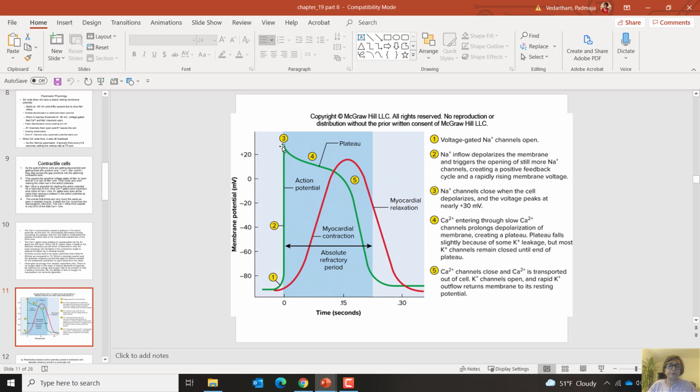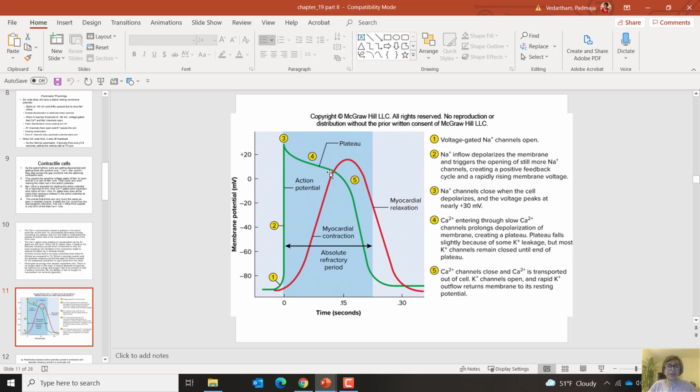Depolarization takes place, and then it closes as suddenly as it opens, and there is a little lull where the depolarization stops and there is a little fall, and at that time you have calcium coming in. So you have calcium coming in and potassium going out at the same time.